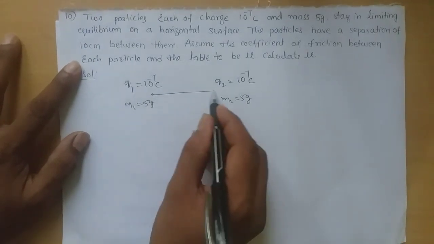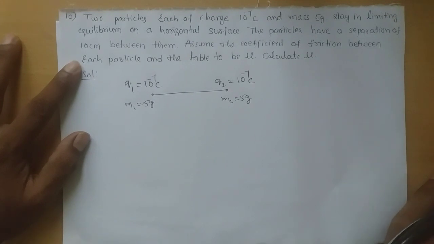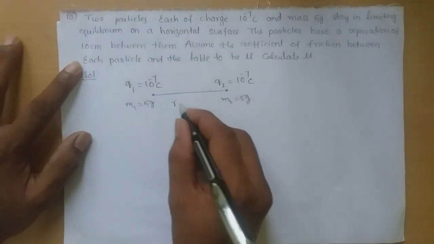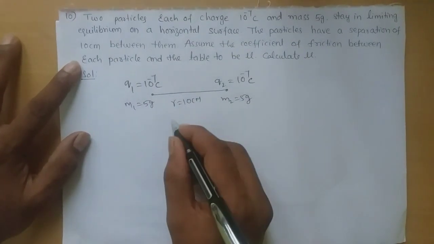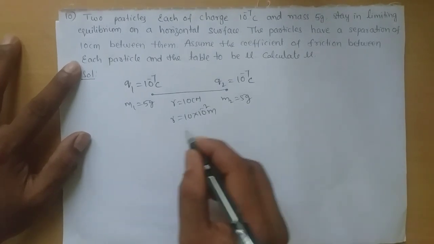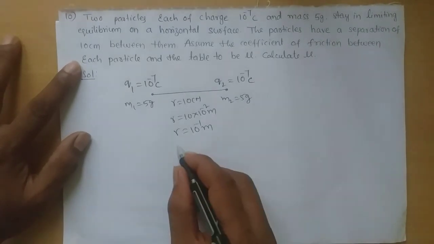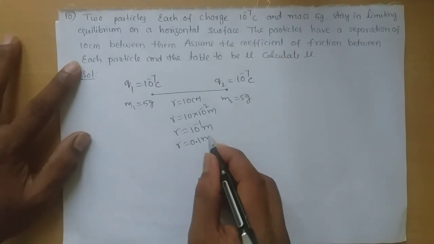The particles have a separation of 10 centimeters. So r equals 10 centimeters, which is 10 into 10 power minus 2 meters, so r equals 10 power minus 1 meters. This is nothing but 0.1 meter.